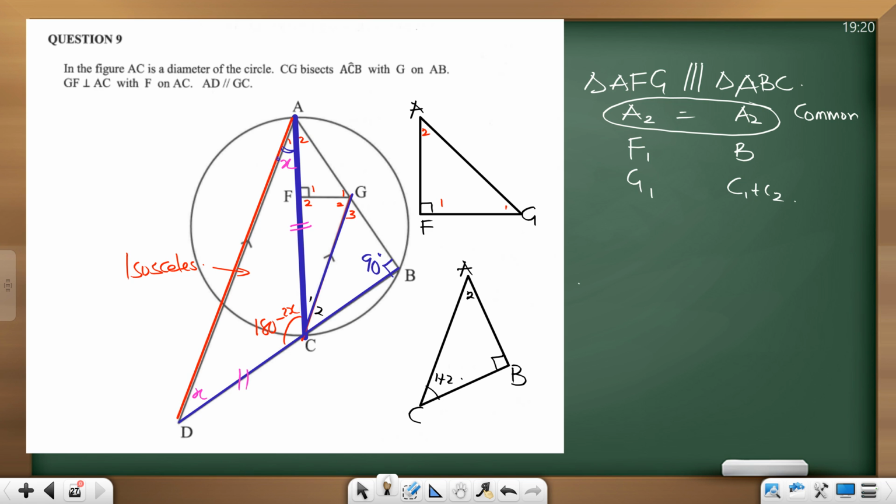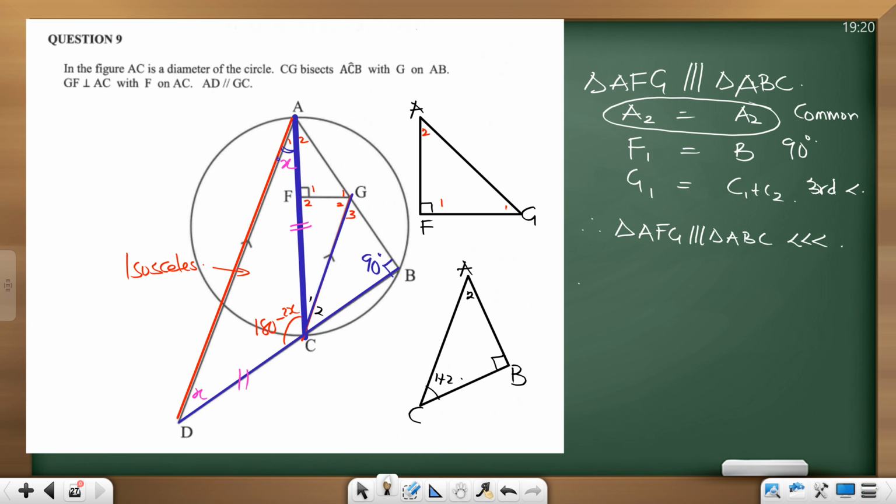They're both equal to what? 90 degrees. And what do you need? You only need to prove 2. Automatically, what are you going to tell me about the third angle? Therefore, triangle AFG is similar to triangle what? ABC. What's your reason? Angle, angle. Guys, you are done with that question.